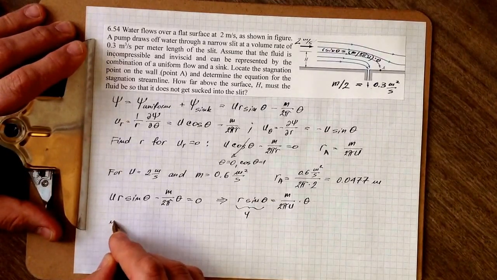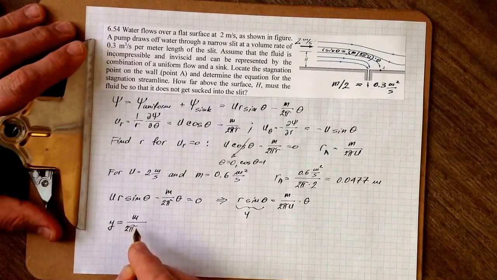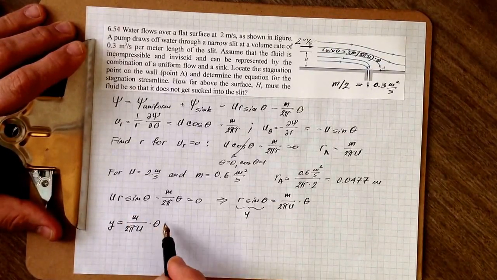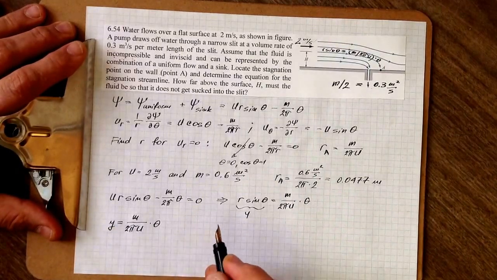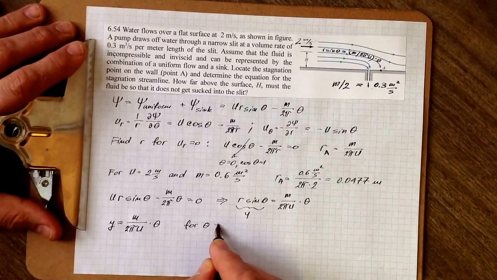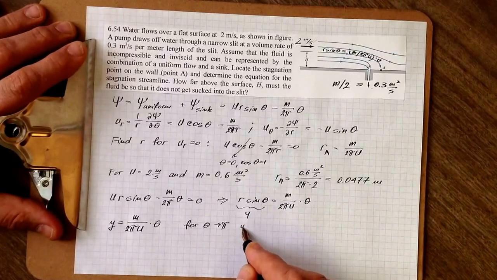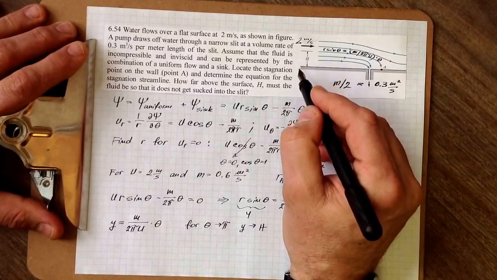So in other words, I have the expression y equals m over 2 pi u times theta. And you can see sometimes it's convenient to use mixed coordinates where we have retained angular theta here, and we have the Cartesian coordinate y. So for theta tending to pi, then y becomes that height h.